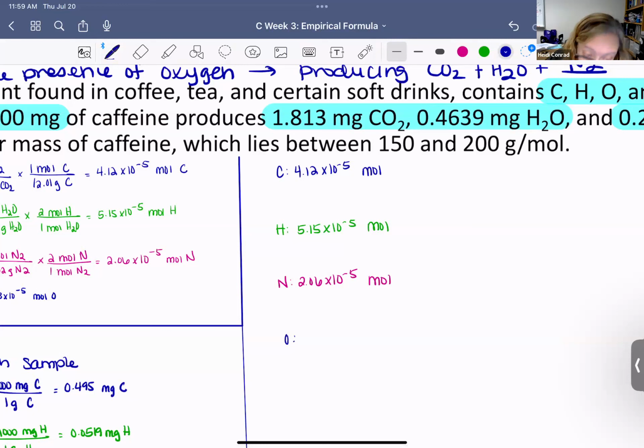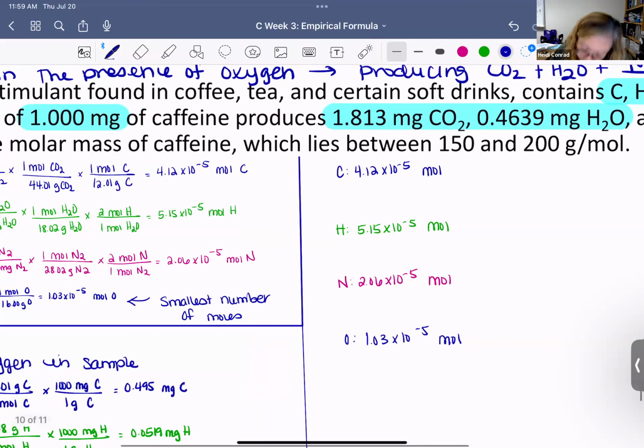And oxygen, 1.03 times 10 to the minus 5 moles. I compare all four numbers, and I see that the smallest number is my oxygen. So my smallest number of moles is my oxygen sample.